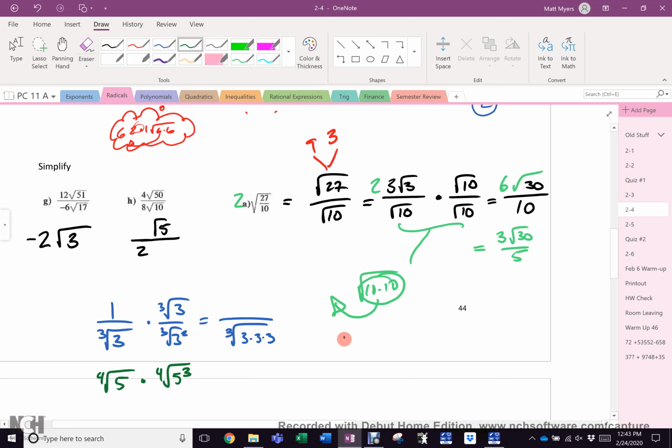What if I had 1 over x to the y? What do I multiply it by? This is tricky. Think about it. I'm going to have a sip of coffee because I feel I deserve it.